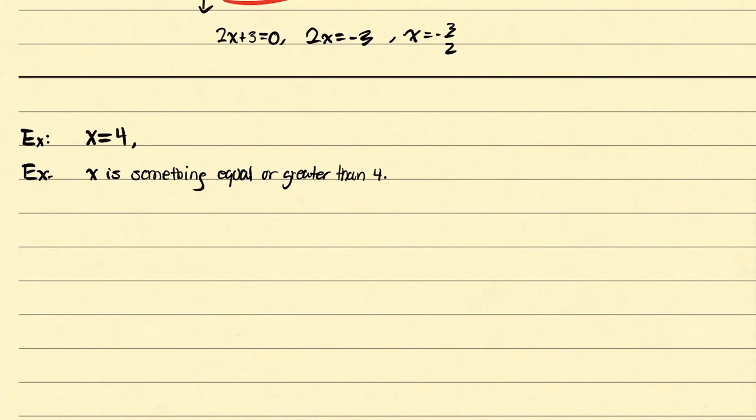And the way we would write this is x is greater than or equal to 4, meaning this bracket right here. So the difference between writing an interval like this and this is this bracket means I can be equal to 4 or greater.